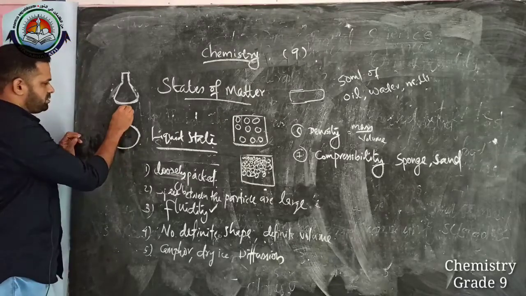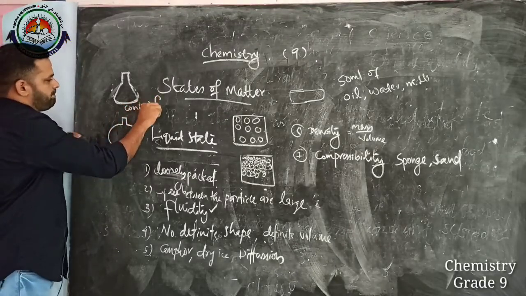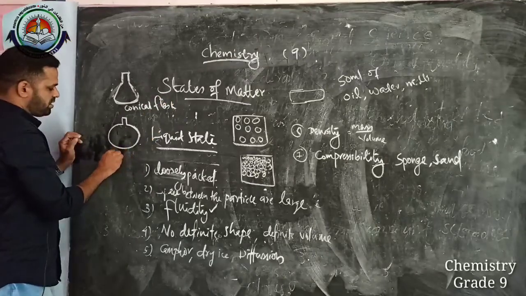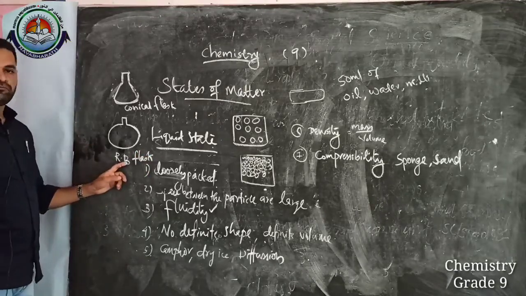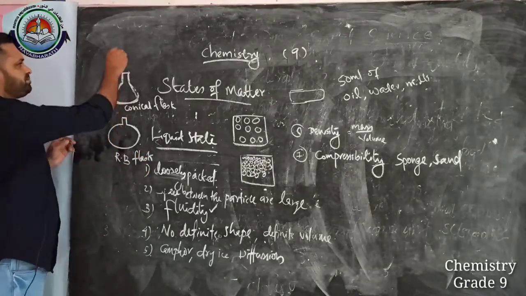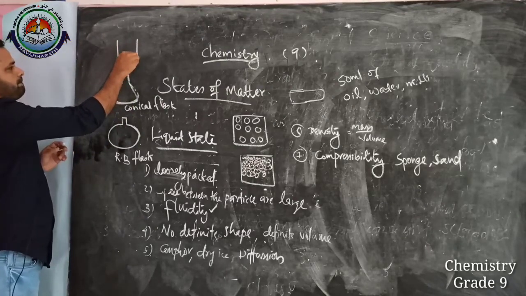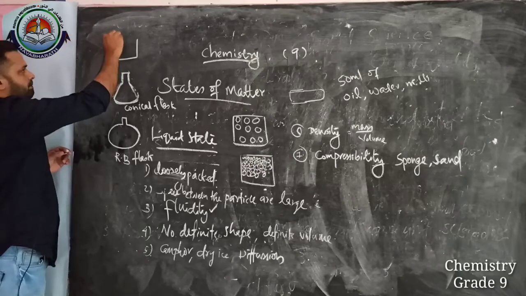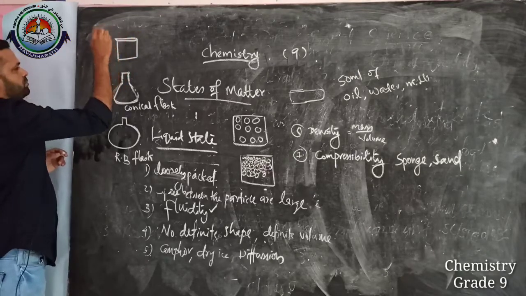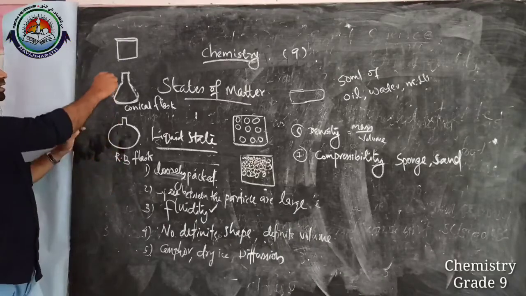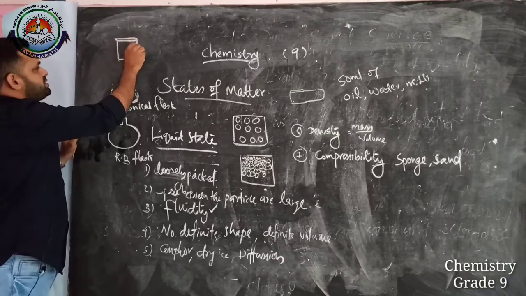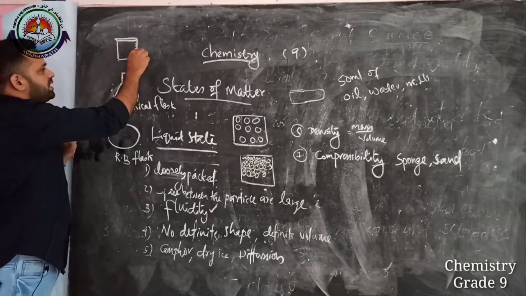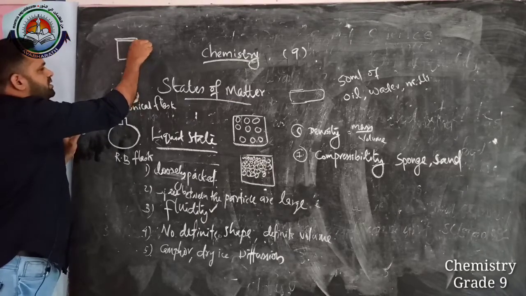This is called an RB flask, that is a round bottom flask. Then take a beaker. All these are graduated apparatus. Graduated means they show different values, that is 50 ml, 100 ml and 150 ml, etc.